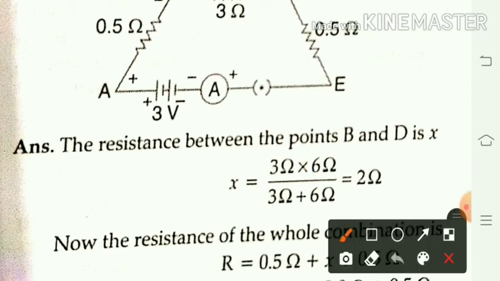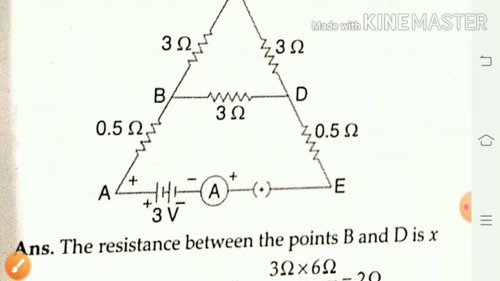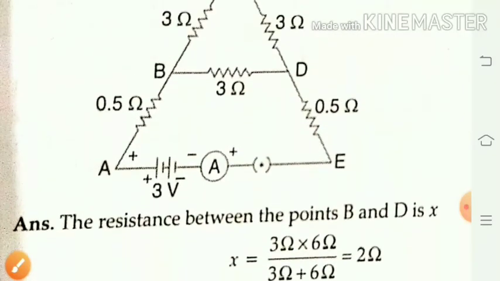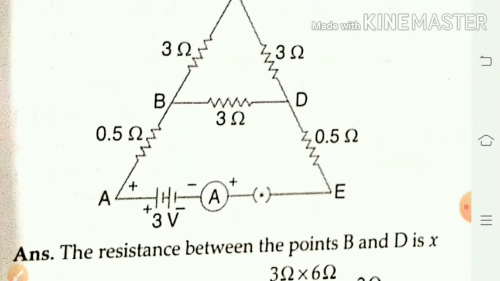The resistance between the points B and D is supposed to be X, and X is equal to 3 ohm into 6 ohm upon 3 ohm plus 6 ohm. Here you can see the resistance between the points BD.